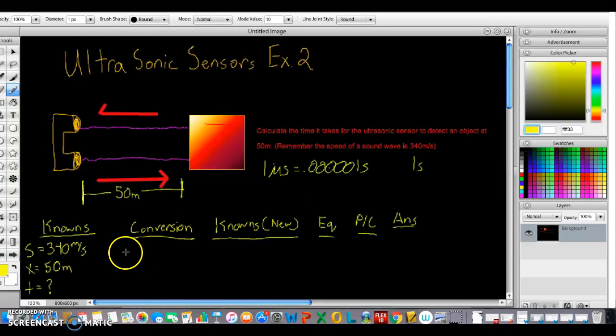All right. It's going to be a one-step conversion because we have one conversion factor. So we're going to do 340 meters over second. And we said this is a one-step conversion, so you're going to have one T-chart. We want to get rid of this second. So I have my number with the seconds, which is going to be 1, 2, 3, 4, 5, 6, so that is 0.000001 second. That's going to go at the top.